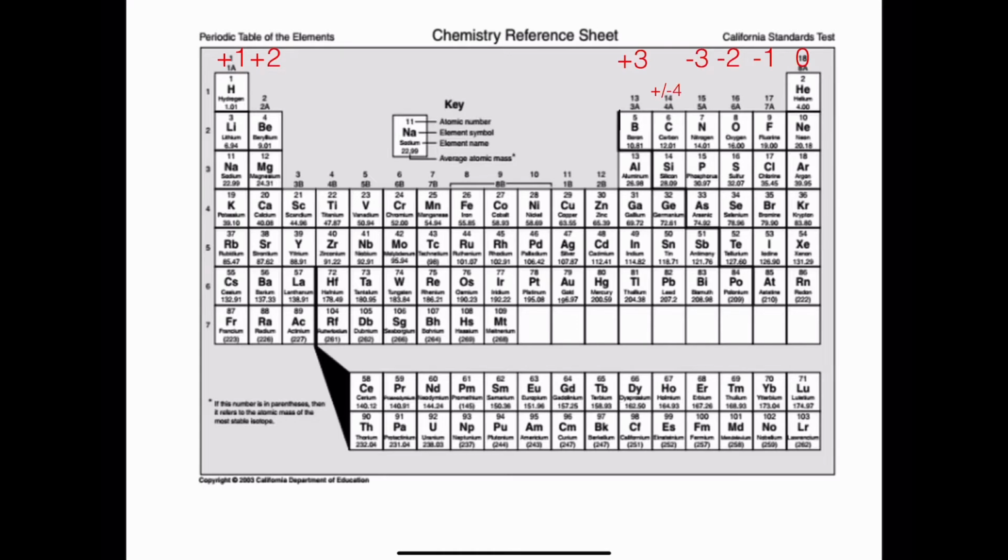The next thing that we want to label is where the metals and nonmetals are divided on the table. We see the metals are on the left and the nonmetals are on the right. The left and right of what? You should see in a periodic table that you have, and if you don't, take a minute to draw this line in. There's a line that looks like a staircase that divides the left side of the table from the right side of the table, and it's not an even divide.